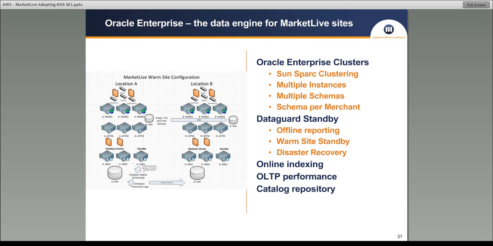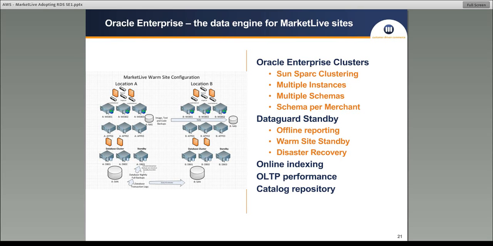The merchant is isolated in the sense that each merchant has its own schema. And then the DataGuard standby features of Enterprise are used to do some offline reporting off of a standby database, to set up this warm site standby when a customer's opted for that, and that supports the disaster recovery features that we offer to customers who have enough volume to justify the cost of that.